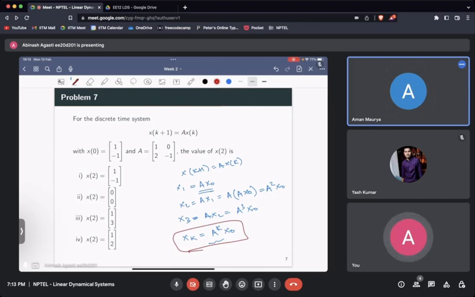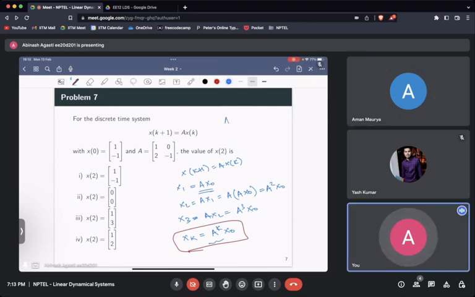Okay, let us confirm what A squared is. We can find out, 1, 0, 2 minus 1 into 1, 0, 2 minus 1. Is this correct?